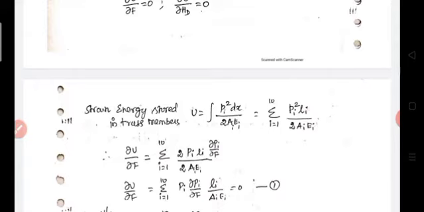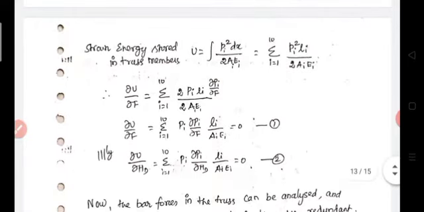Then we differentiate the strain energy with respect to the force. After differentiating, finally dou U by dou F is equal to the summation for i equal to 1 to 10 of Pi dou Pi by dou F times Li divided by Ai Ei, equal to 0.